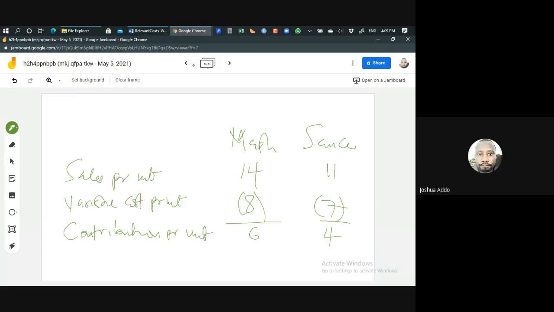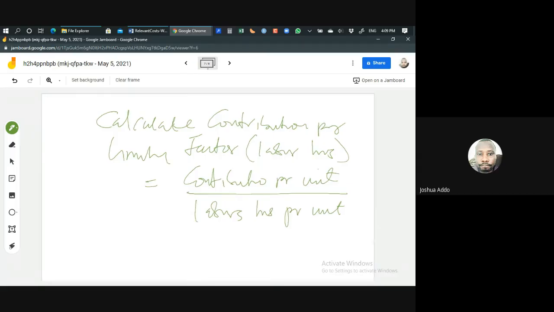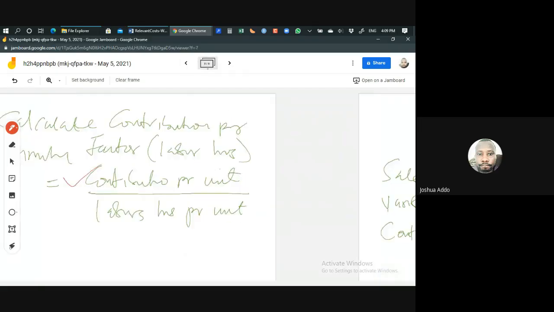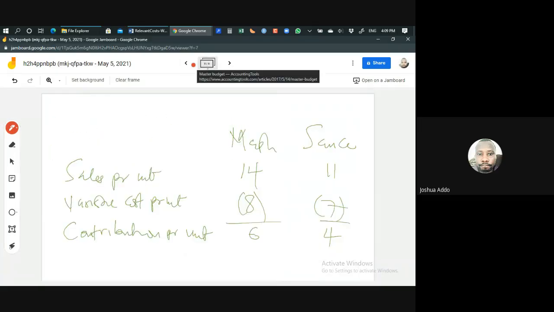Now we have to go a step further to calculate. Let's go back and see the formula. Contribution per limiting factor is contribution per unit. This is the one we have just calculated. Then you have to find labor hours per unit of each of the products. When you do the division, then you get contribution per limiting factor. So we have contribution per unit.